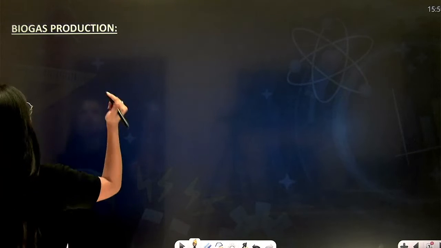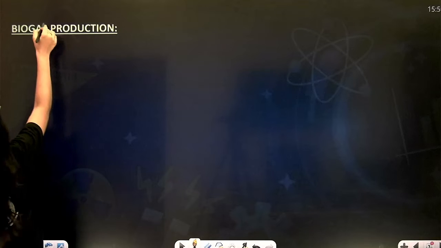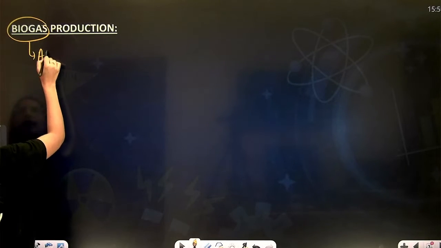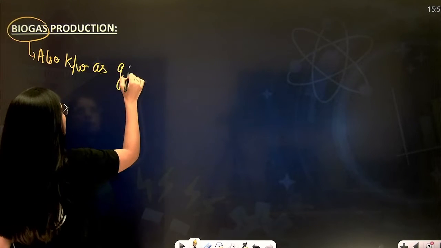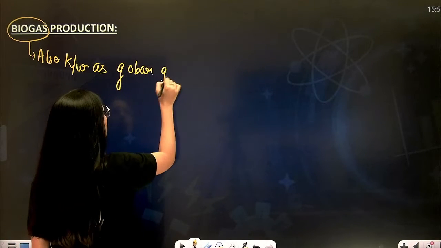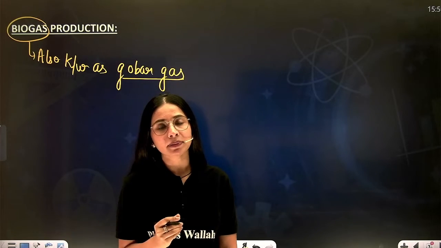Okay, so biogas production, first of all you should know that biogas is also known as gobar gas. Now, why is it known as gobar gas? What is the reason behind it?